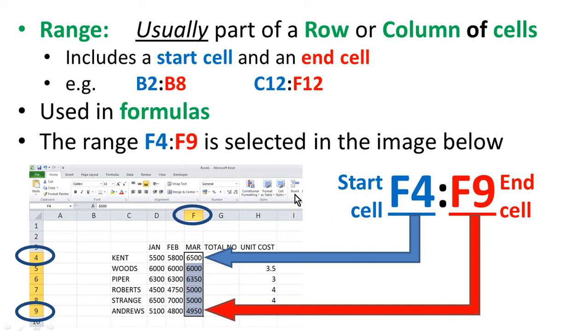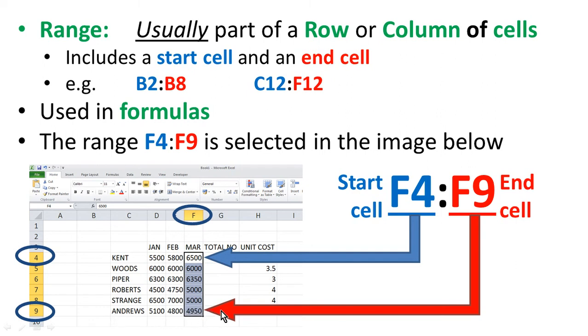And so in this example here, we see F4 and F9, and it has a colon in between. F4 is the start, so it's everything that start is in blue, and F9 is the end of the range. F4 is here on this diagram, on this graphic. So the 6500 for Kent, and this here, 4950, is F9.